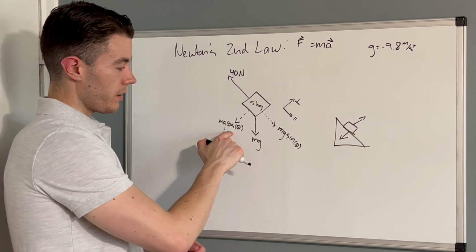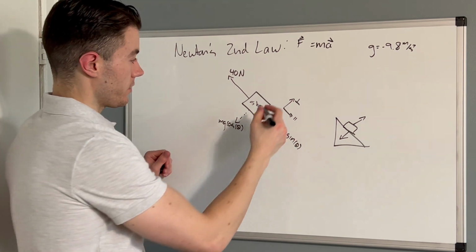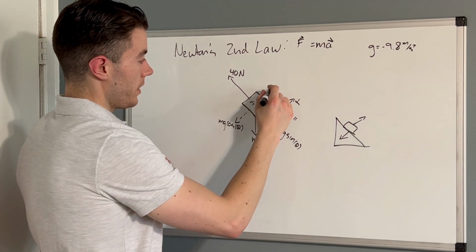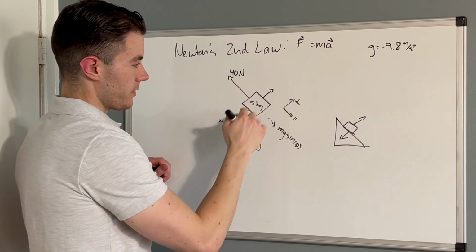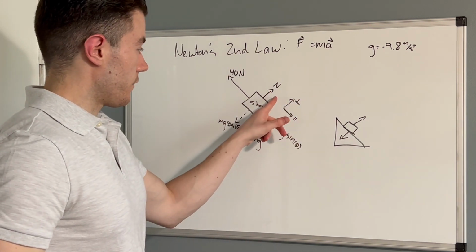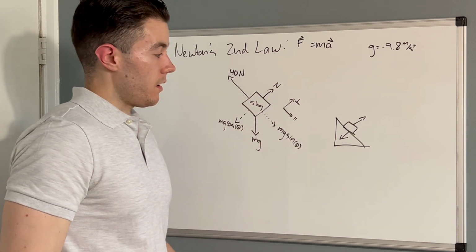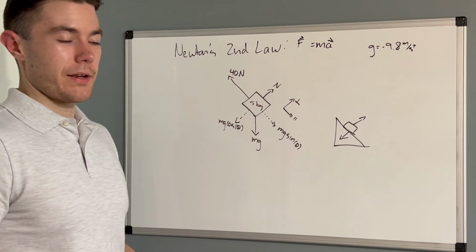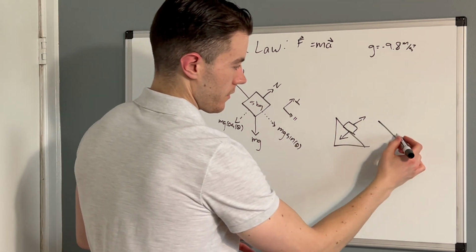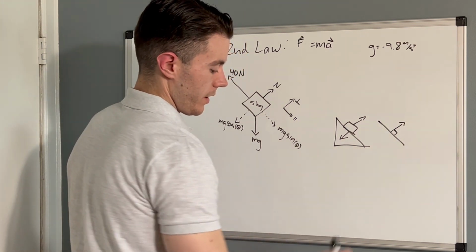Since there's a component of the weight into the inclined plane, that must mean that there's another force equal in magnitude but opposite direction to this, called the normal force. And it's called that because this force is normal to the surface that the box is resting on. Normal meaning at a 90-degree angle. So here's the surface, and here's the normal force. It forms a 90-degree angle with the surface.